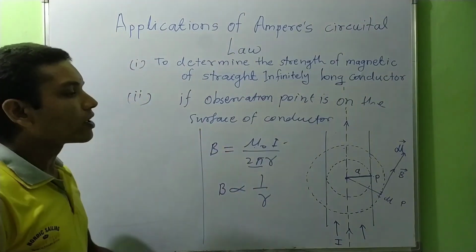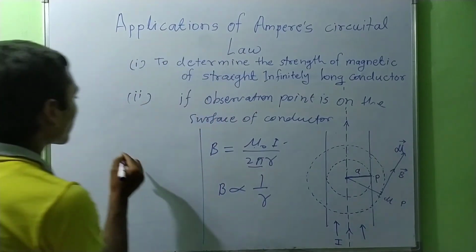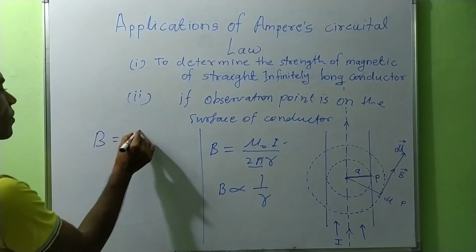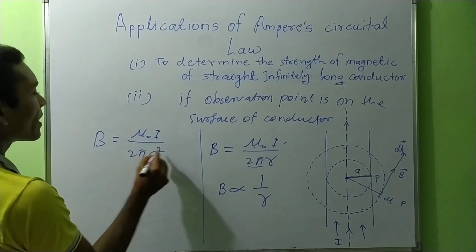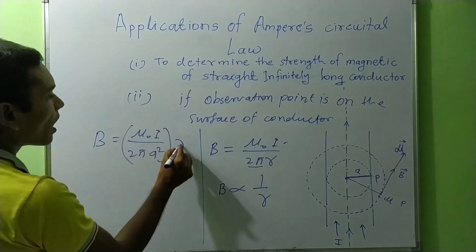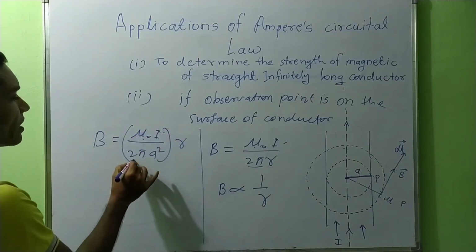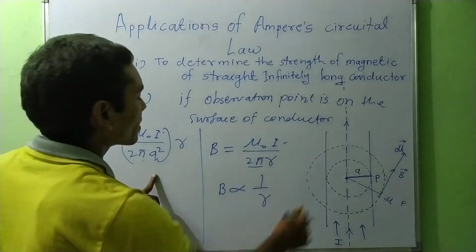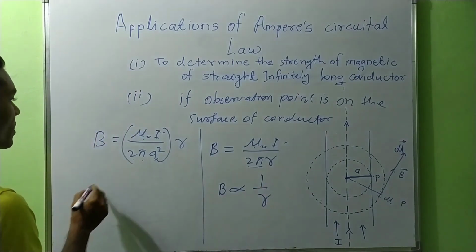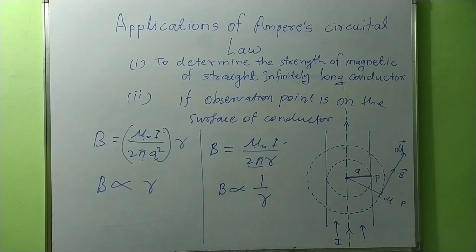And the magnitude of magnetic field inside the straight current carrying conductor is B equal to mu naught I upon 2 pi a square into r. Here mu naught is constant, I is constant, 2 pi is constant, and a, the radius of the straight current carrying conductor, is constant, so B is directly proportional to r.